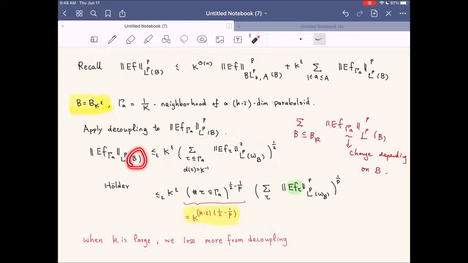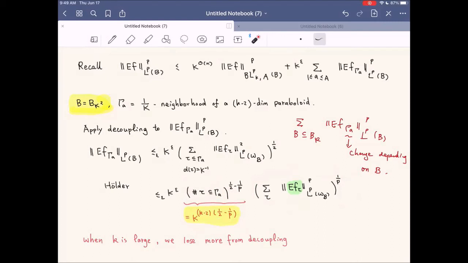For a fixed B, we apply Hölder's inequality to pass from little L2 to little LP. And the loss here is the number of tau inside the gamma A. And we have some quantity here.